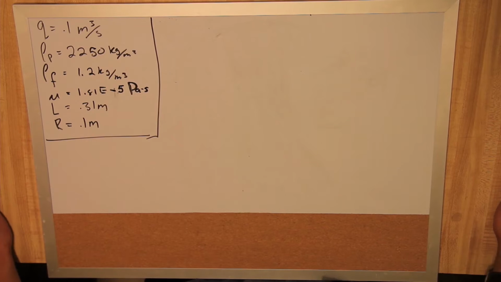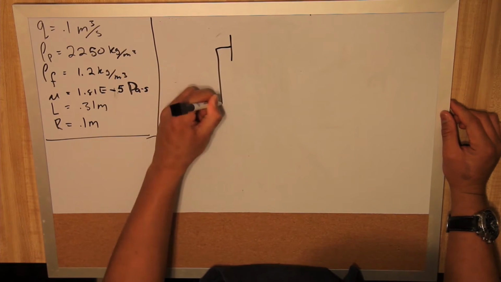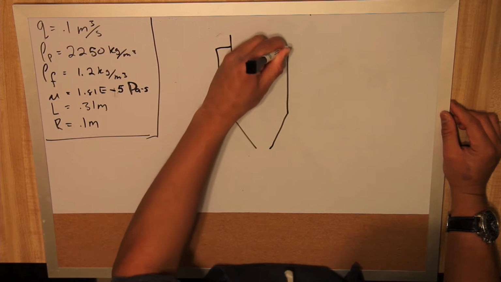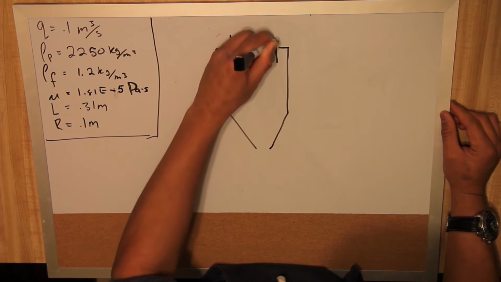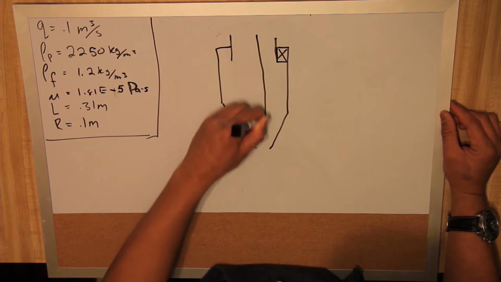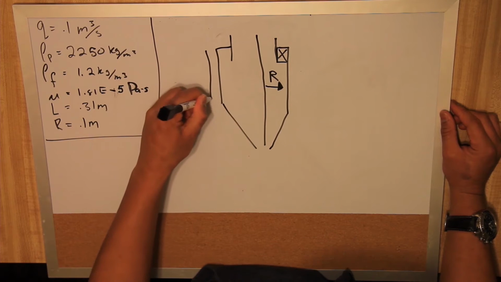Now you might ask, why are all these measurements important? Well, in this outline schematic of a cyclone depicted here, we have the R, which is the radius, and the L, which is the length.